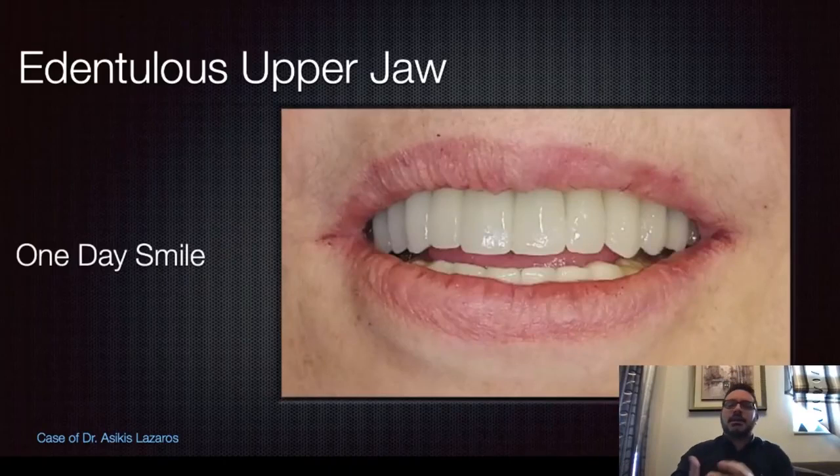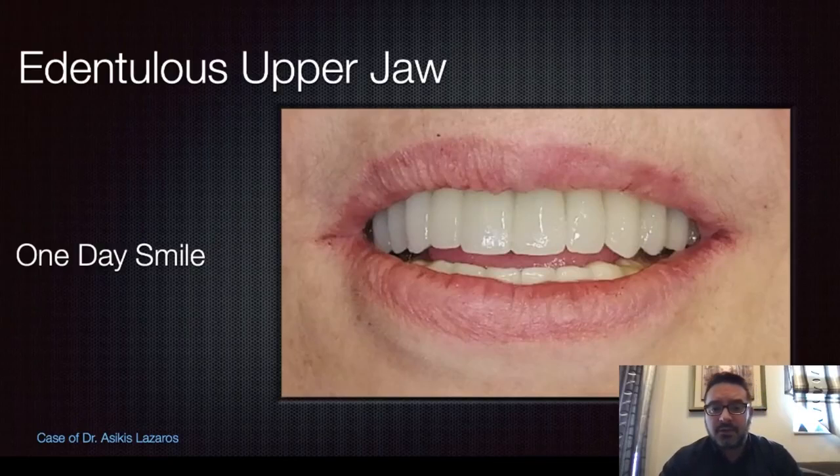Imagine that she came without any teeth in her mouth, and she left after a 2.5 hour surgery with this result as a provisional. I believe that she was very happy, and I called Dr. Asikis and asked him how it went.